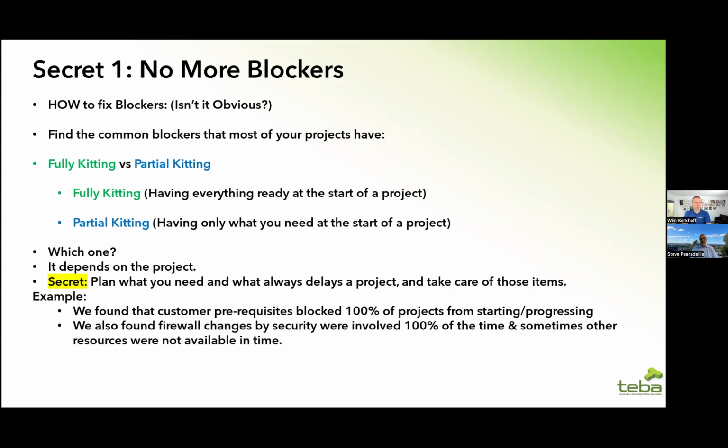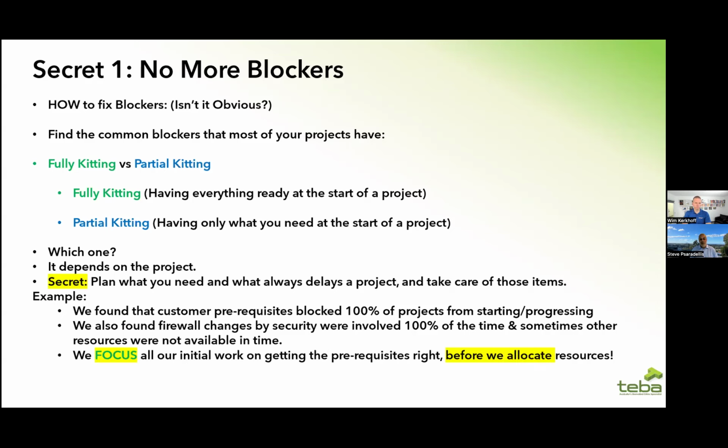We also found that 100% of the time it was the firewall changes we requested, and sometimes they didn't have the resources available, the servers, the cloud resources, the space to do the work, whatever it was. So by studying all of our projects over a few months, we found this is the biggest thing that delayed projects.